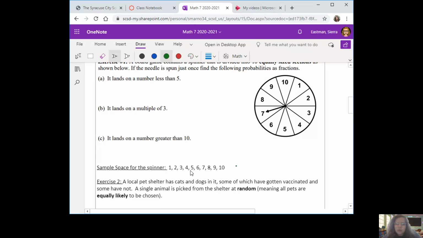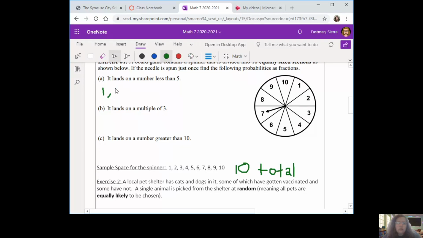Okay, so sample space for the spinner, there are 10 different outcomes. So I'm going to write 10 total. But how many of those outcomes would make it possible to be a number less than 5? How many of those outcomes are less than 5? And we can see 1 is less than 5, 2 is less than 5, 3 is less than 5, and 4 is less than 5.